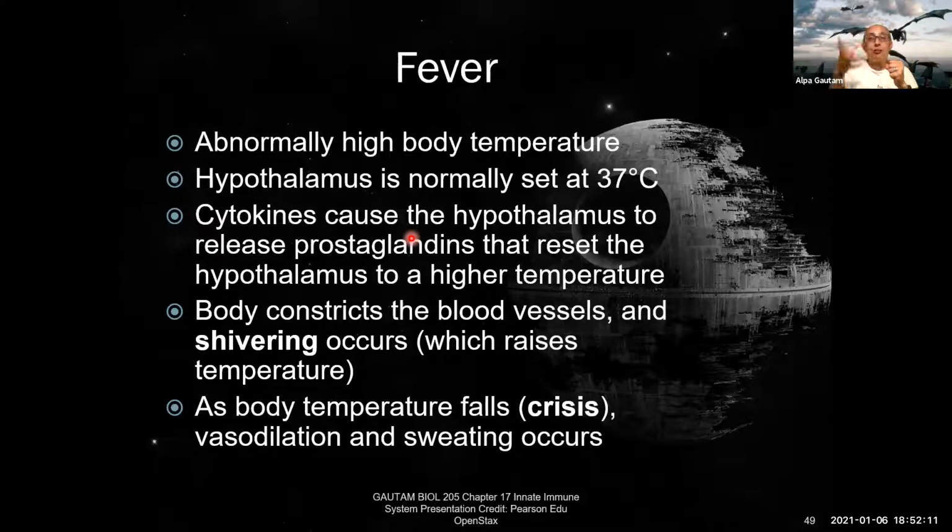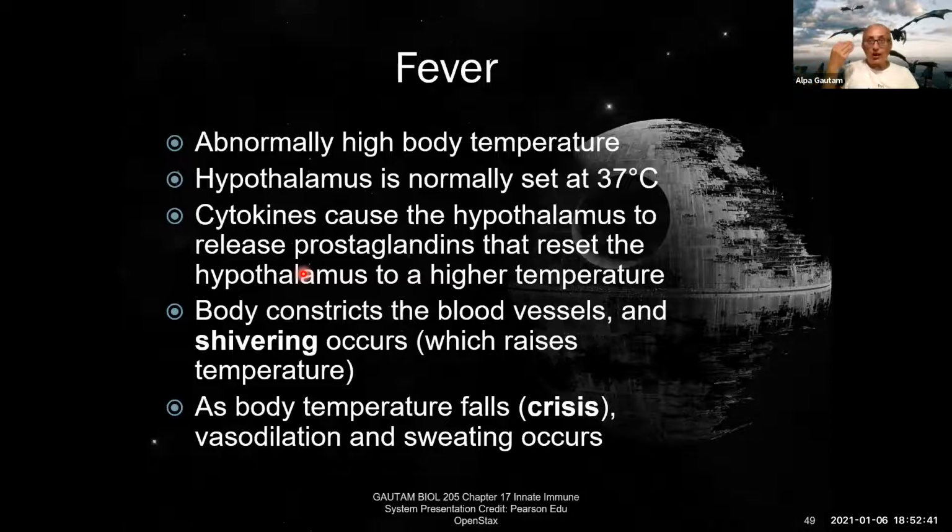And then the adaptive immune system, because of the presence of these cytokines, will start multiplying. And another function of those cytokines is that they will travel to the hypothalamus, and cause the hypothalamus to release chemicals called prostaglandins. What these chemicals do is they reset the hypothalamus's normal temperature to a higher temperature, right?